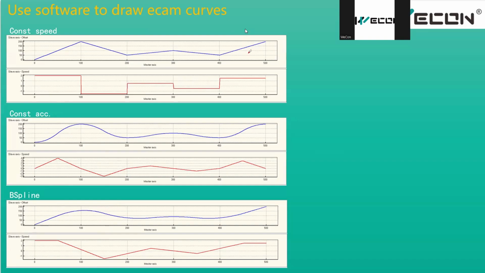If my master rotates 0 and continues rotating, then how can I make this ECAM curve? It depends on the master length of your master.